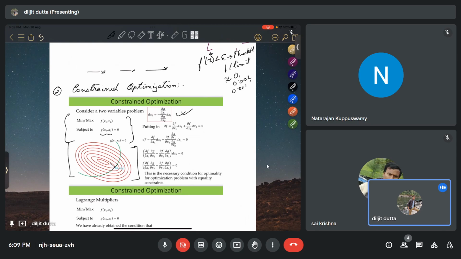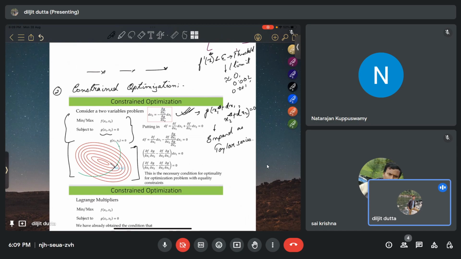I think the derivation has been done in class. From the derivation, we get that d of x2 is equal to minus del g by del x1 divided by del g by del x2, into d of x1. This comes from writing g of x1 star plus dx1, x2 star plus dx2 equal to 0, and expanding as a Taylor series.